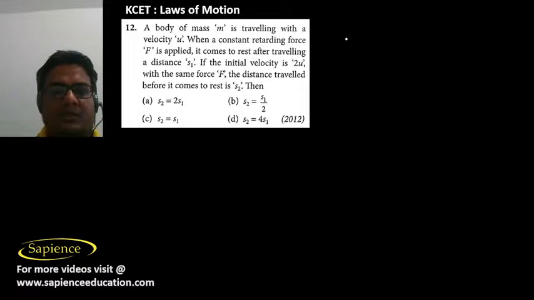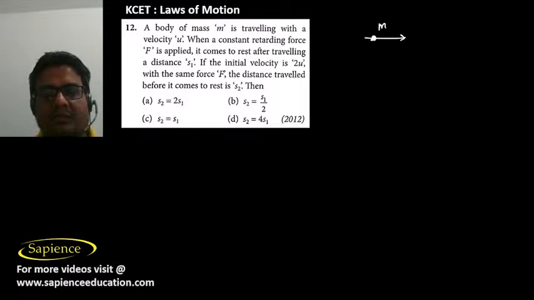Then here it is told that a body of mass m is traveling with a velocity u. When a constant retarding force F is applied, it comes to rest after traveling a distance S1.